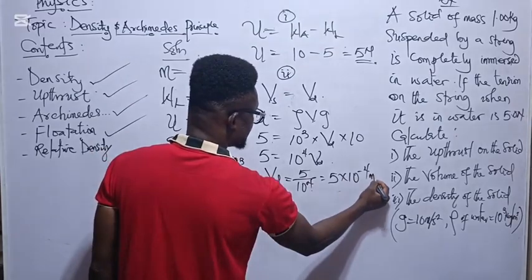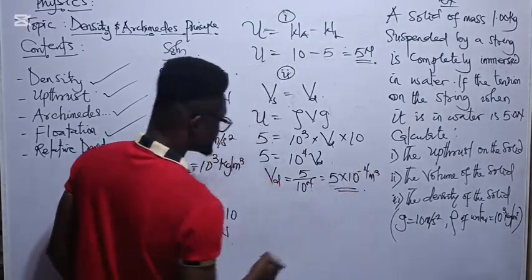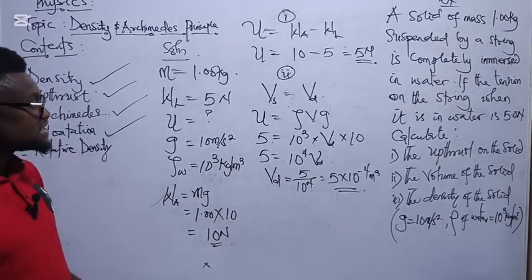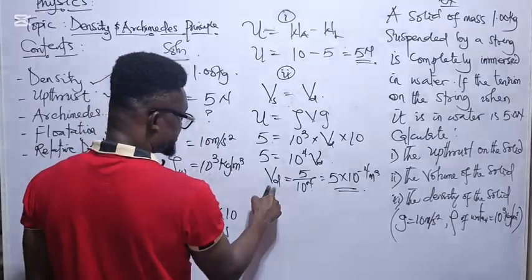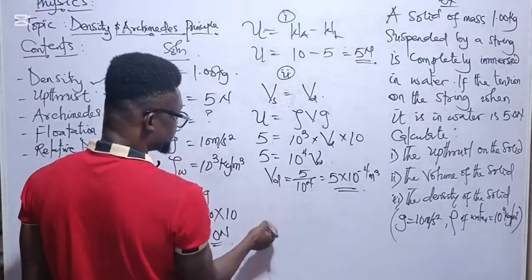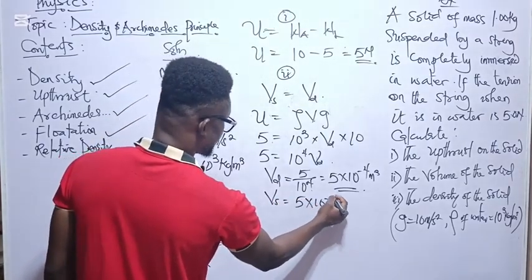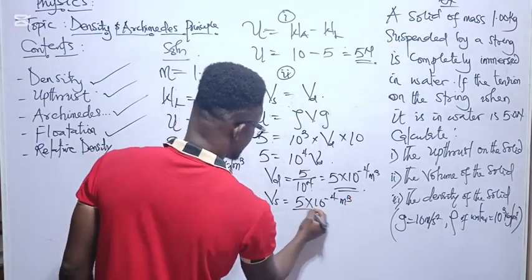Volume is measured in meter cube. That gives the volume. Then the next exercise there, remember volume of displaced liquid is the volume of solid. So you can now say that volume of solid is 5 times 10 to the power minus 4 meter cube.